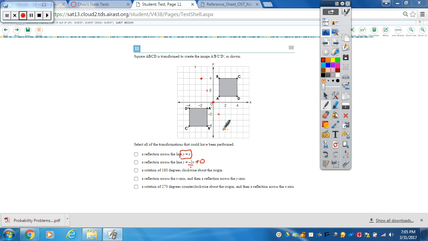All right, so, that didn't work. Try again. So if I wanted to reflect this across that line right there, this is a negative 2 over 1 slope. So the perpendicular slope to that will be a positive 1/2. So if I go, that's hard to do. I can't go up 1 over 2.